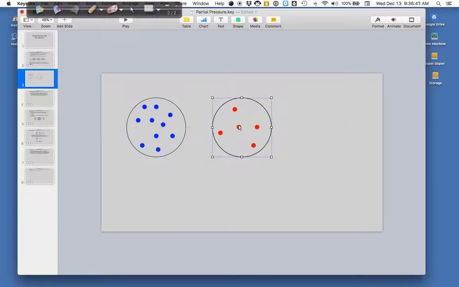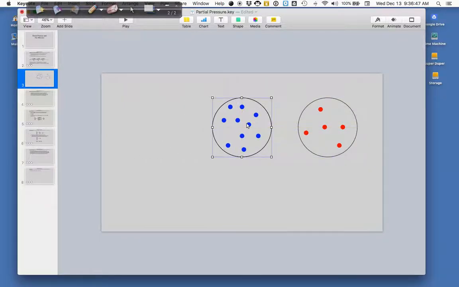Now what's the pressure inside the container? 1 atmosphere, right? Now let's put blue back in, 2 atmospheres. But now guys, here's the problem. When we add red, we are adding red to a container that's not empty. And if it is not empty, let me ask you a question.